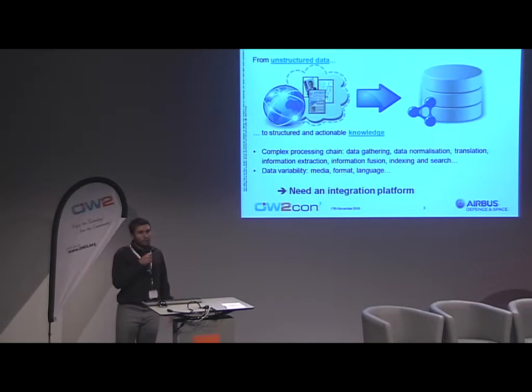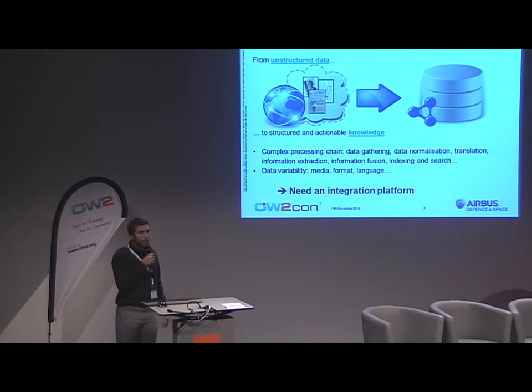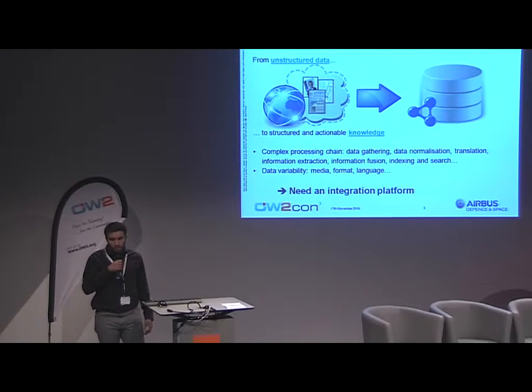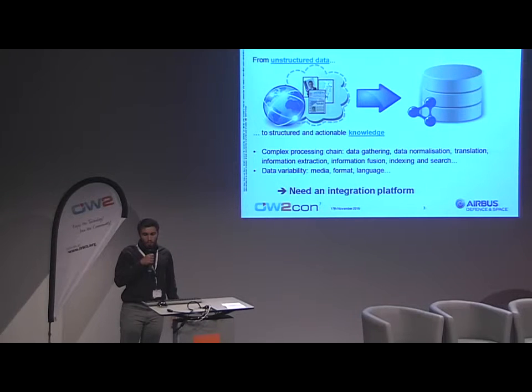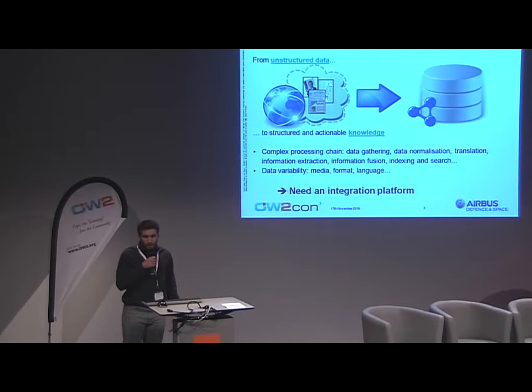So doing some automated translation if needed, extracting information, whether from text like named entity recognition or object detection inside images, speaker identification inside audio, whatever. And merge, fuse all that information that is extracted from the documents, and at the end index the data into structured databases to enable search, whether text search, geographical search, and whatever is possible.